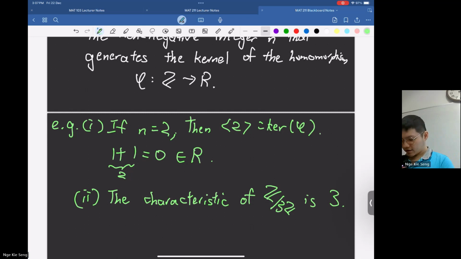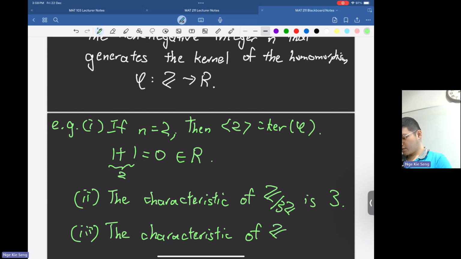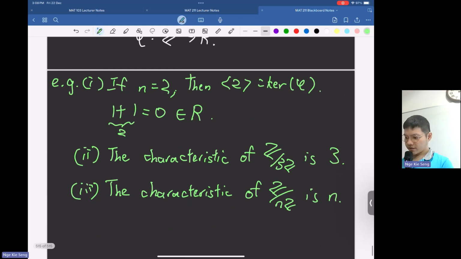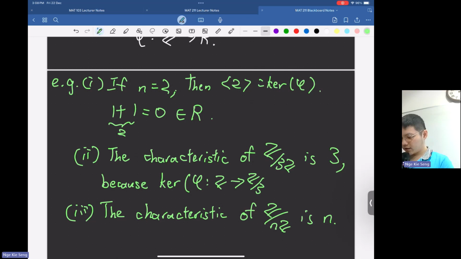Let's try again. What's the characteristic of Z mod nZ? It is n. Why is it 3 for Z mod 3Z? Because the kernel of the ring homomorphism from Z to Z mod 3Z is generated by 3.